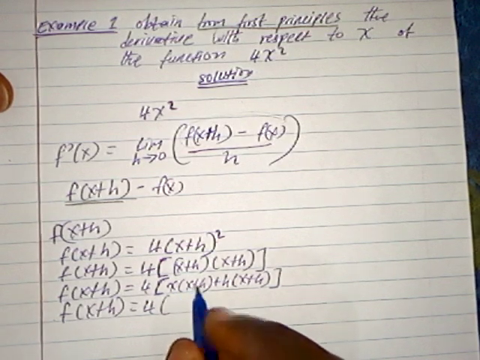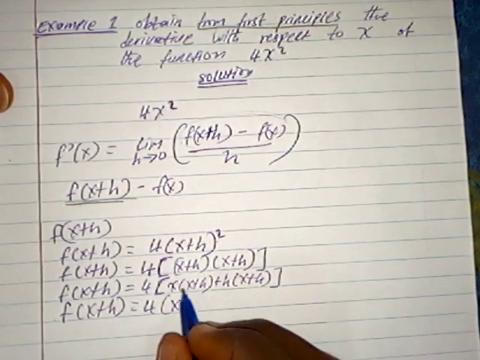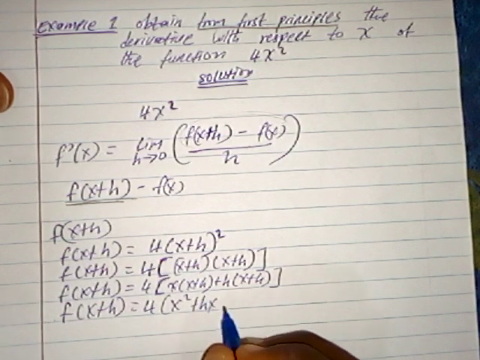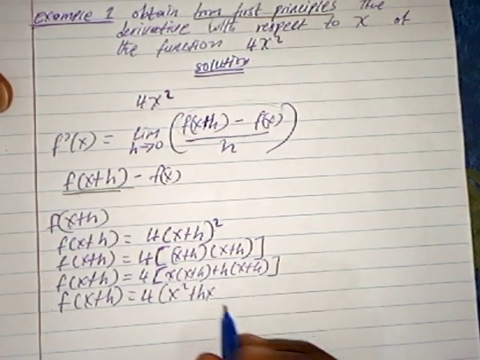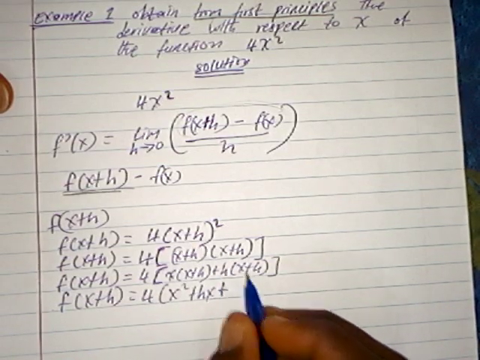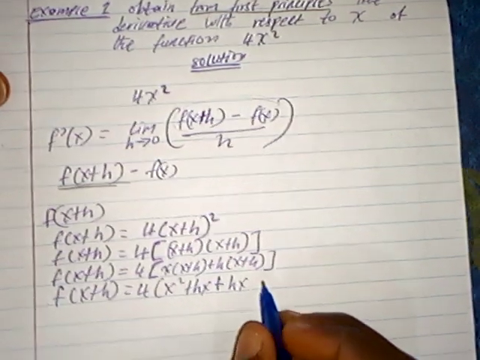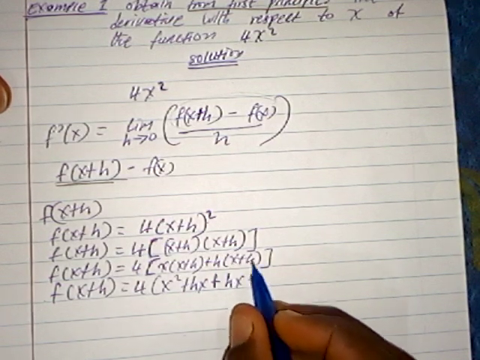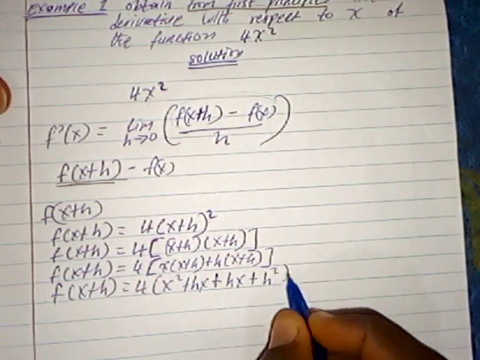X times x is going to give you what? X square, right? X times h is what? Plus hx alphabetically. H comes before x. Plus h times x is hx. Plus h times h is h square.